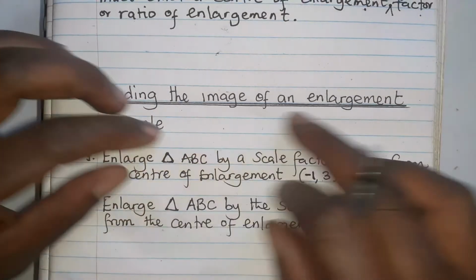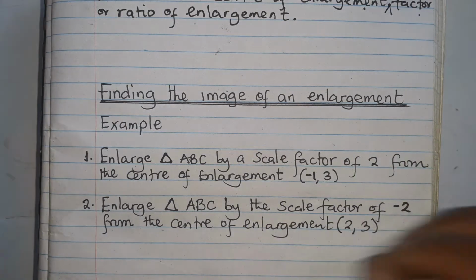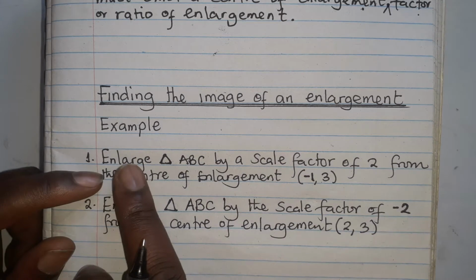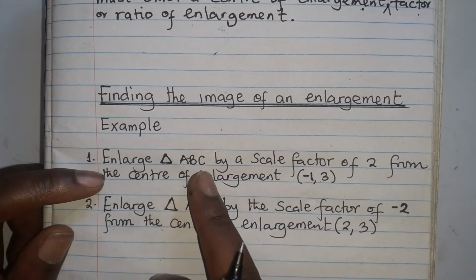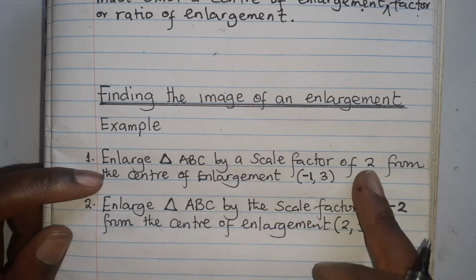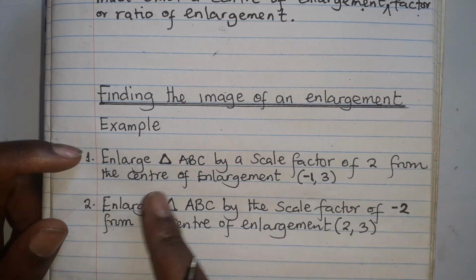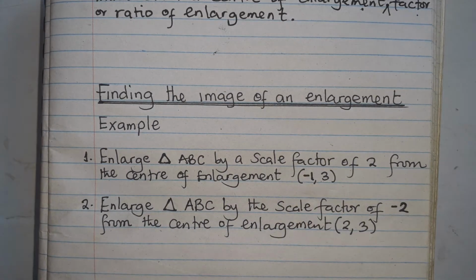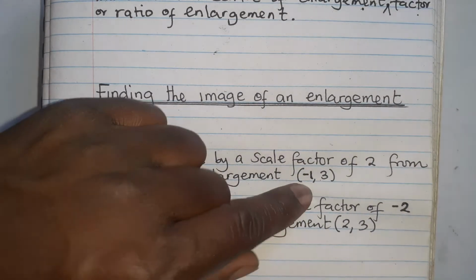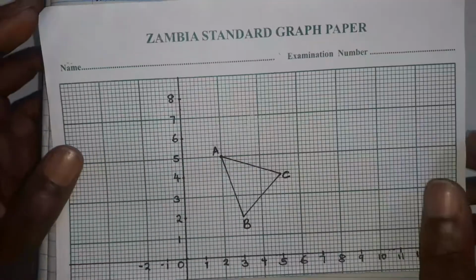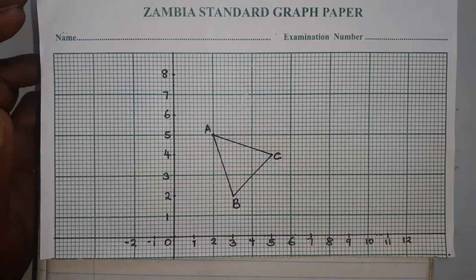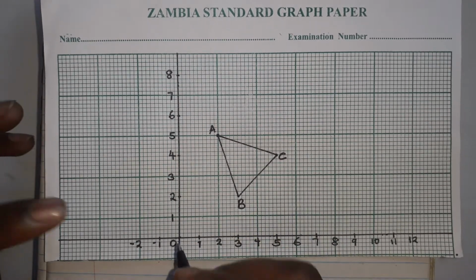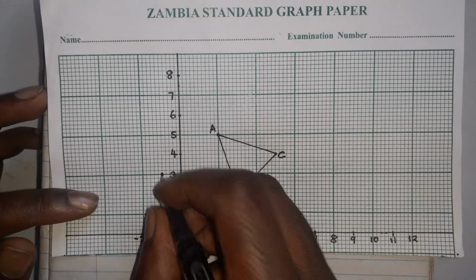How do we enlarge an object when we are given, for instance, this question: enlarge this triangle ABC by a scale factor of 2 from the center of enlargement negative 1, 3. Here is the triangle. Enlarge this one from the center negative 1, 3. So negative 1, 3, the center is here.